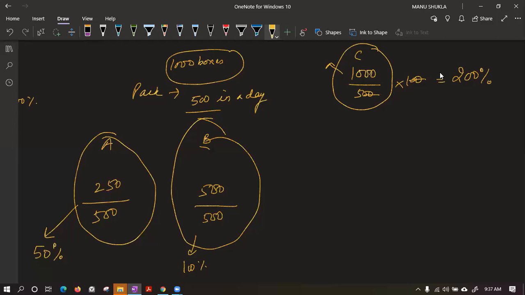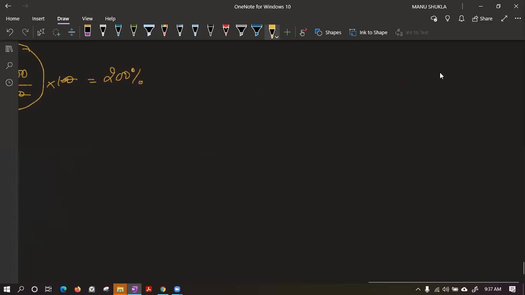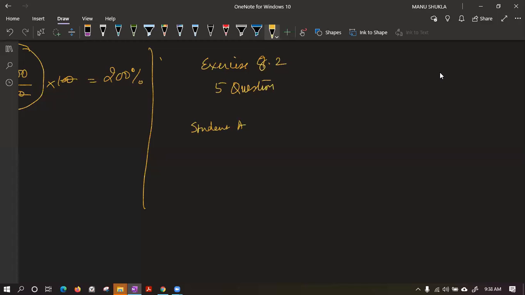This way only. Suppose I give you homework: complete exercise 8.2, 5 questions. What did student A do? The next day when I checked the copy, he did only one question. Student B did 4 questions out of 5.